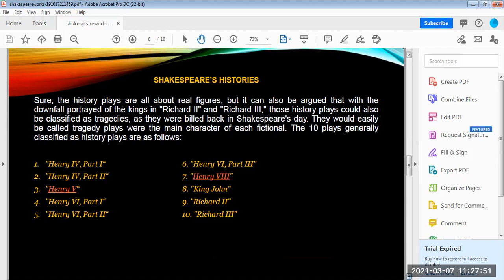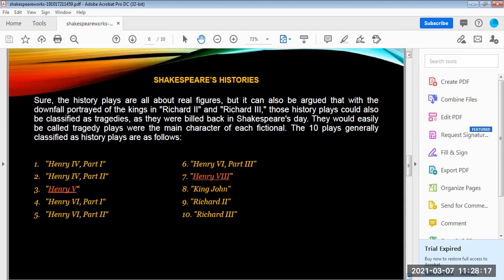As we know, Richard II and Richard III are histories, but because they end in a tragic way, they are also characterized as tragedies. Back in Shakespeare's day, they would easily have been called tragedy plays.